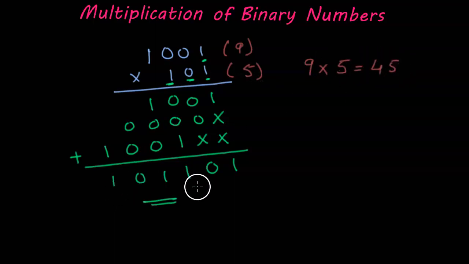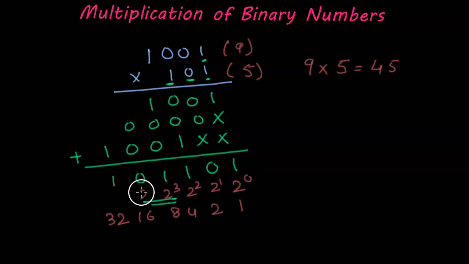And 101101 in decimal is, let's convert this using the 8421 rule. So we have 8421. This becomes 16 and this becomes 32. Now how did this happen? This was 2 raised to 0, 2 to the power 1, 2 to the power 2, 2 to the power 3, 2 to the power 4 and 2 to the power 5.